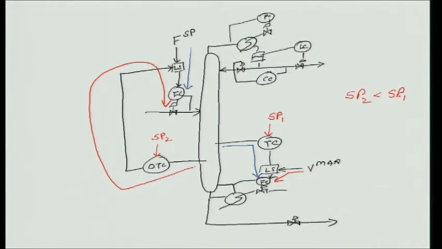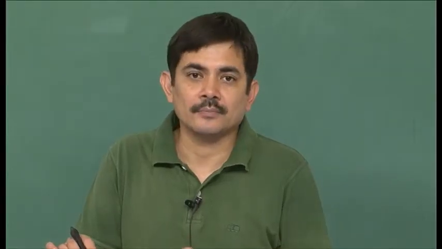Why does it have to be less than SP1? So that when temperature is being controlled by the boil up, when this loop is on, I do not want the override temperature control to be adjusting the feed. So, that will require that the set point for the override temperature controller be sufficiently away from SP1.